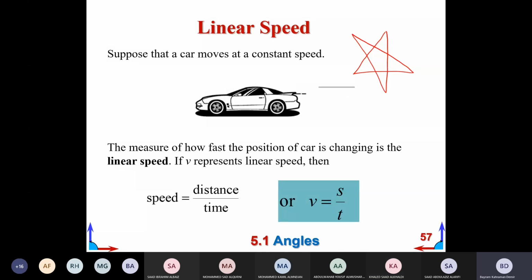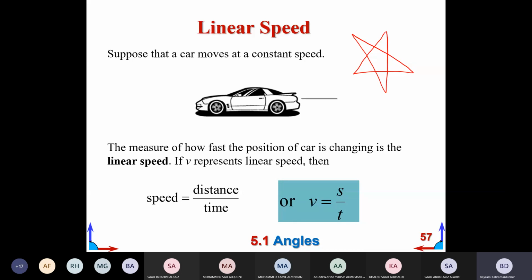A basic definition of speed is we are going to divide the distance by the time that we cover that distance. Of course, distance, Shabab, is exactly the same as the arc length of the tire of your car, because as you move, the distance is covered by the rotation of your tire.